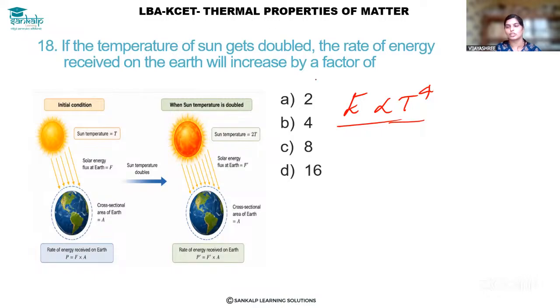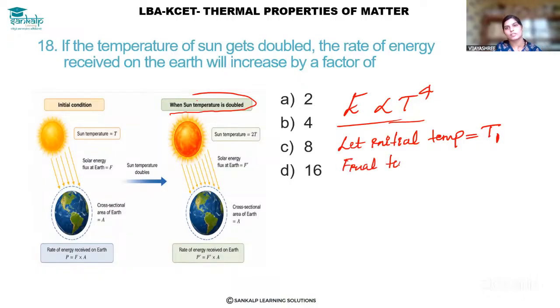If the temperature of the sun gets doubled. So let the initial temperature be T1. Final temperature, when the sun's temperature is doubled, in this case, final temperature, which is equal to T2, which is equal to 2 times T1, right?